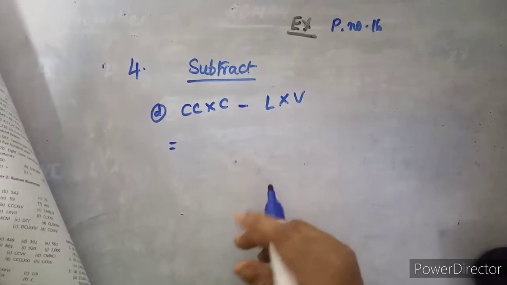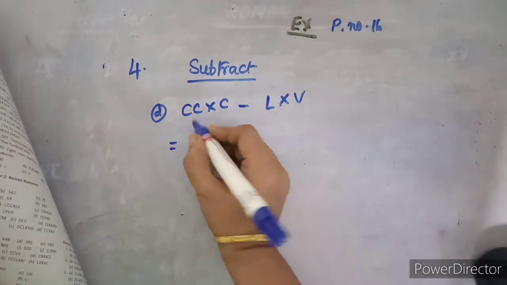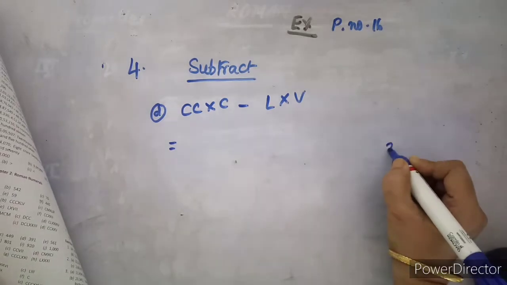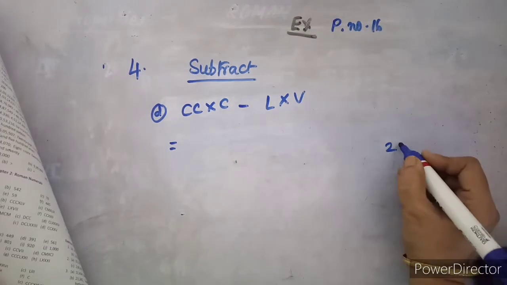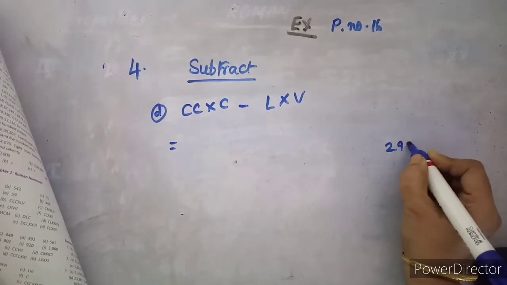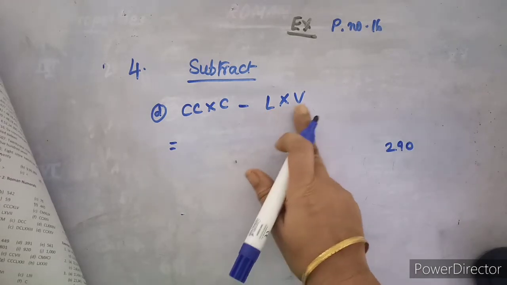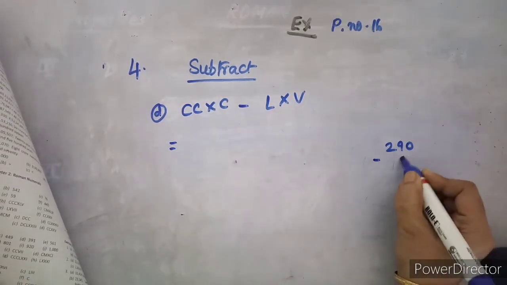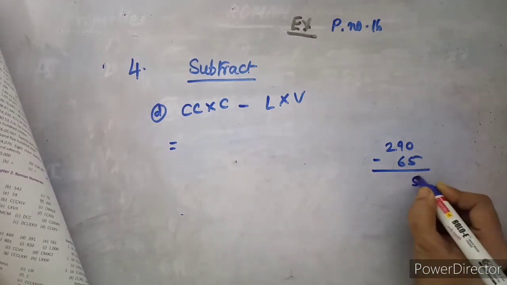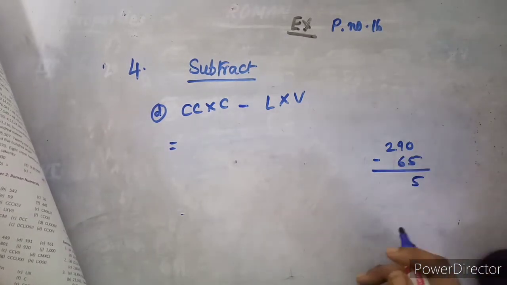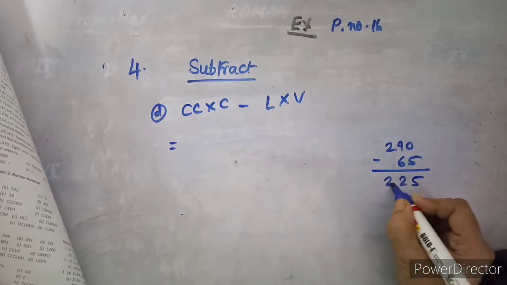Now our D1: 2 C's, XC and 1 C. That means 2 C represent 200, and here 100 minus 10 is 90. Now here 290 minus 65. Here 10 minus 5 is 5, then 8 minus 6 is 2, and then 2.